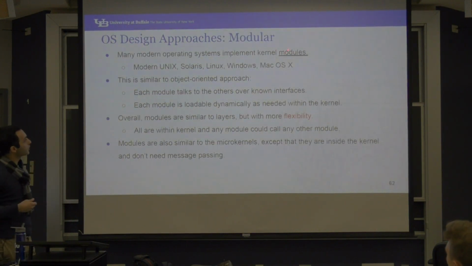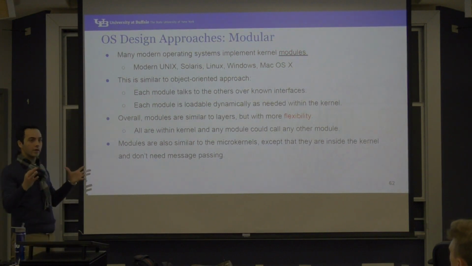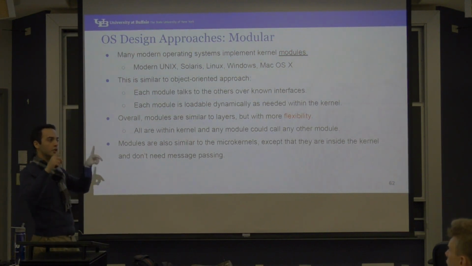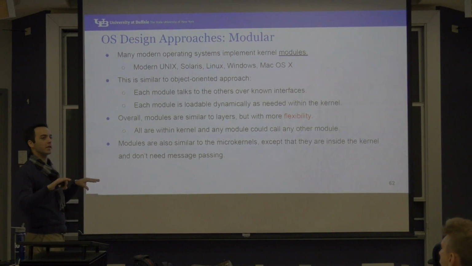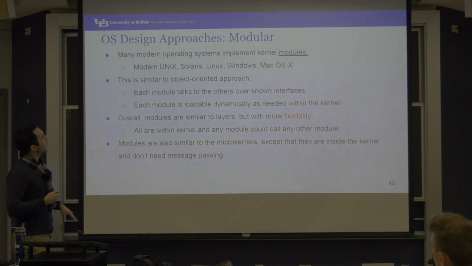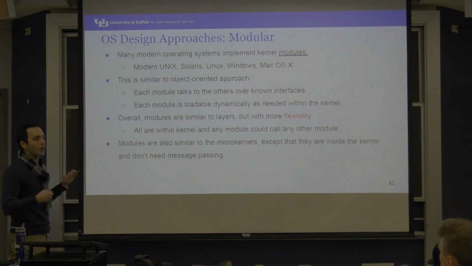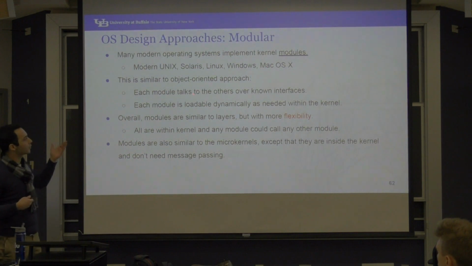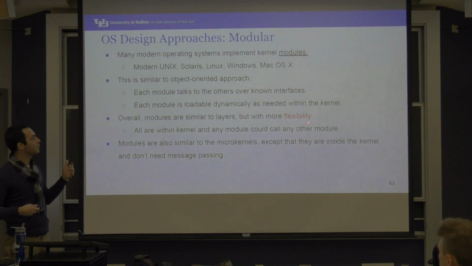So then we have modular, where within the kernel you have modules. They're not in the user space, but they're separate modules in the kernel, so you kind of divide and isolate them. Linux, Windows, Mac, and these newer ones are usually like this. They have the benefits of each, but also flexibility. They talk to each other through known interfaces.